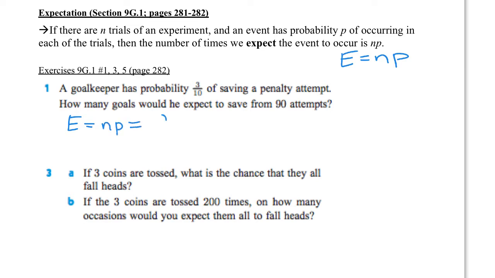If there are 90 attempts and I'm going to save 3 out of 10, then I should be saving 27 of them. So using the laws of probability, of course I won't perfectly do 27 each time, but the expected value is the idea in the long run.